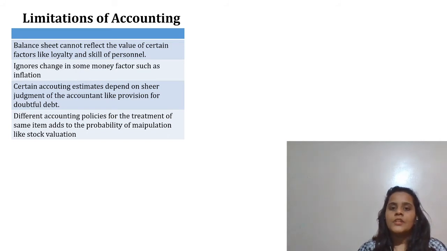Now, under each of these methods, the closing stock valuation will come a little different. So, by changing the policy followed, we can change the profit or loss for that accounting period. So, there is a scope of manipulation in accounting.